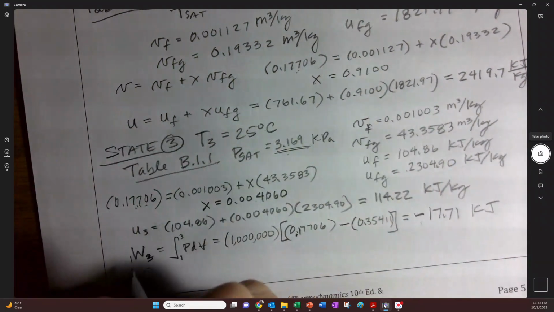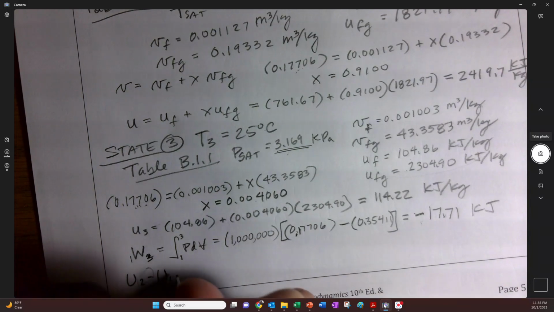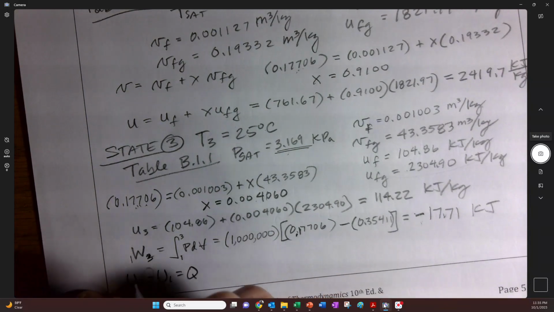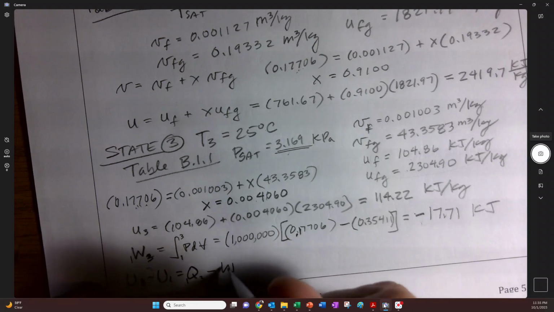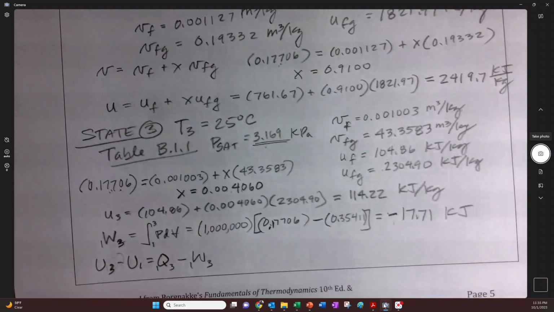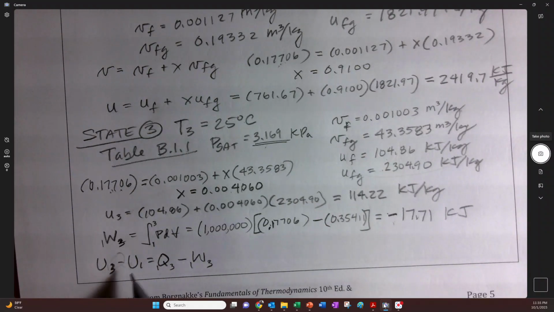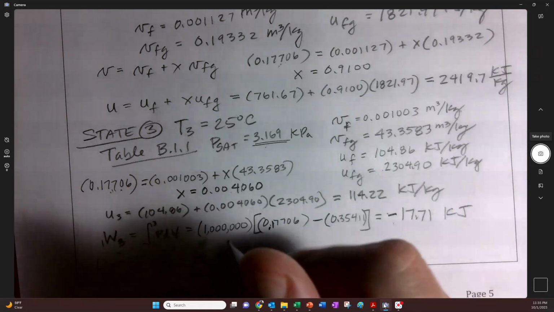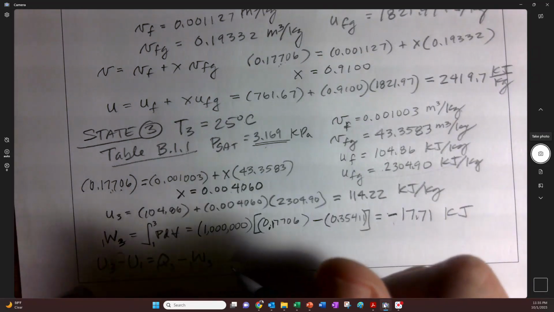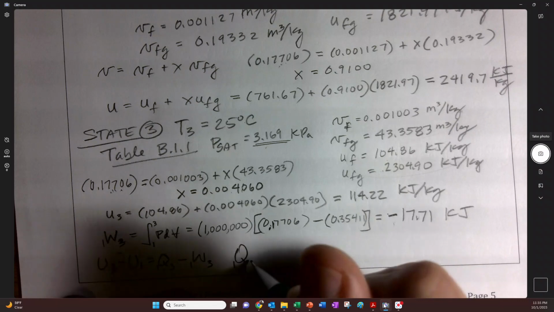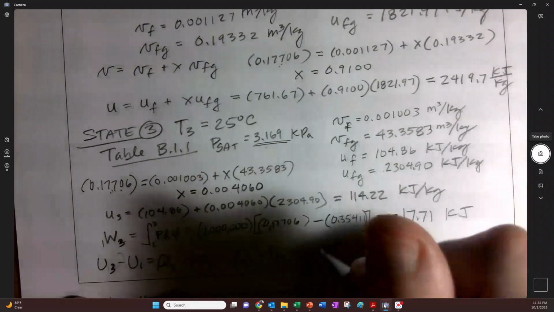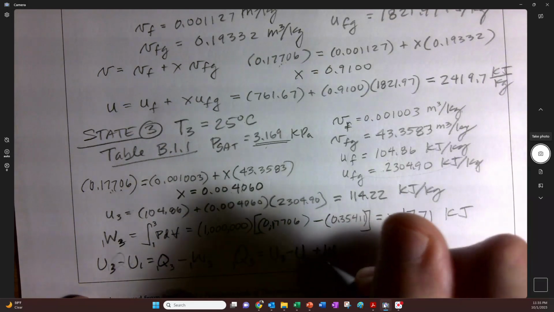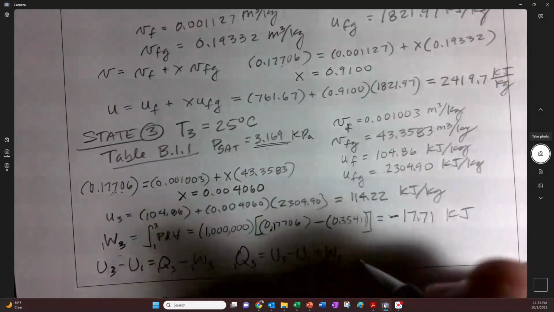U2 minus U1 equals Q, or U3 minus U1 is Q 1 to 3 minus work 1 to 3. You want to be careful. Sometimes you do need to break it down into these stages of 1 to 2 and then 2 to 3. Just be aware of that. This time you don't have to. So anyway, Q 1 to 3 is going to be equal to U3 minus U1 plus work 1 to 3.